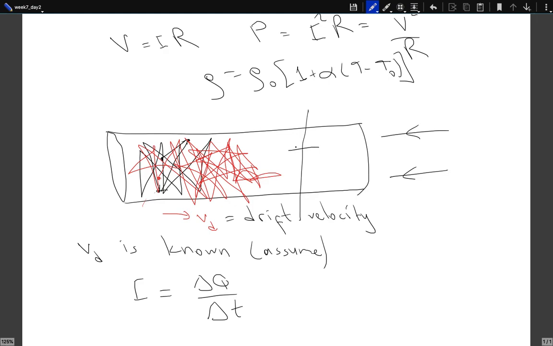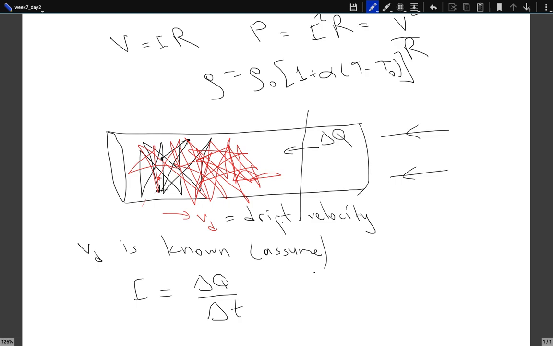Well, let me use the positive notation. This is delta Q. So how many positive charges pass in the direction of the current per second? Well, let's just fix the delta T. Now, on the average, the electrons are moving with this speed. So within a time delta T, how far will they move on the average?